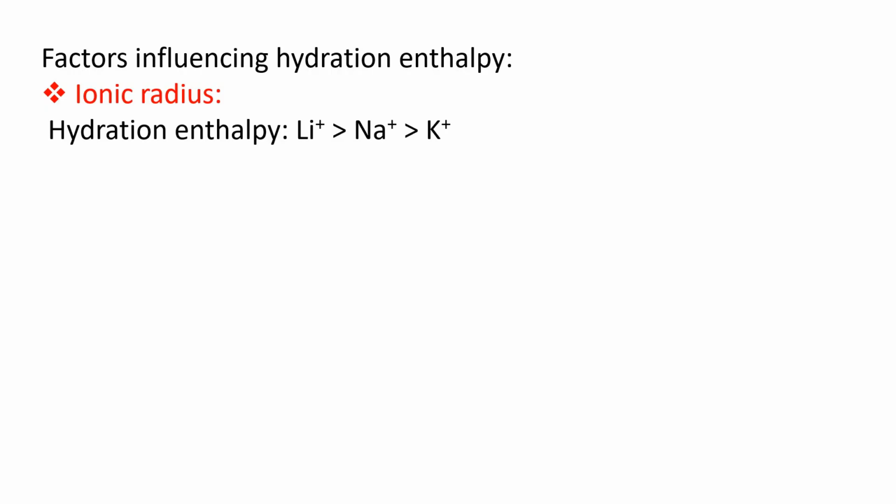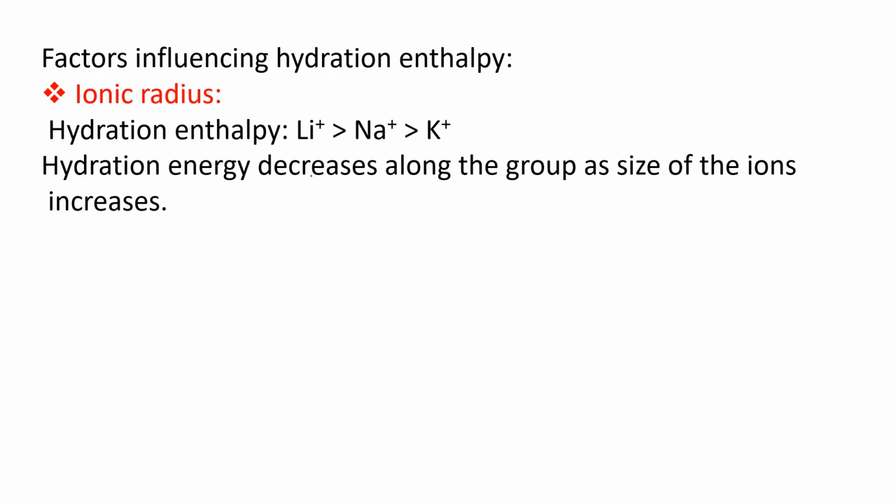Charge density increases means that ion can form stronger interaction with the water molecules, so more energy is released during hydration. So hydration energy is more for the ion which has less ionic radius. Hydration energy decreases along the group as the size of the ion increases.